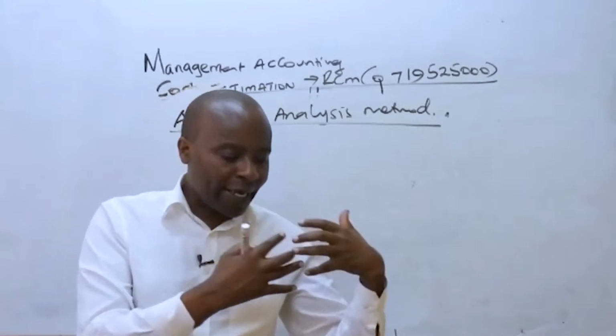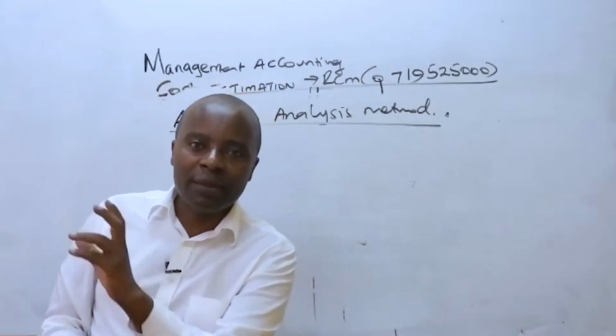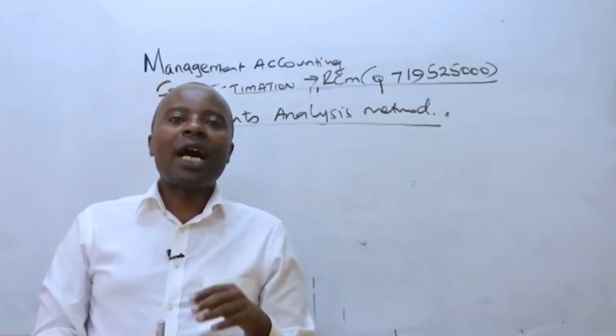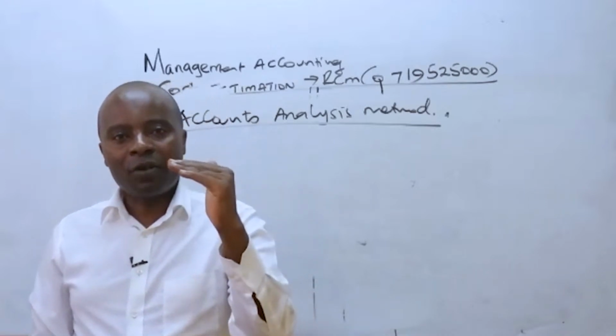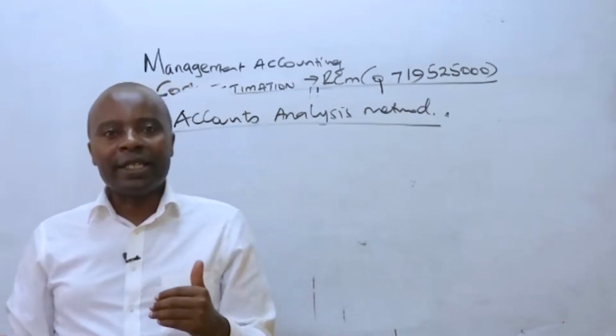So let's talk of account analysis. I'll be getting each ledger of my cost elements. When I get each cost, I'll be looking at how much is the fixed component and how much is the variable cost. So I'll be subdividing.